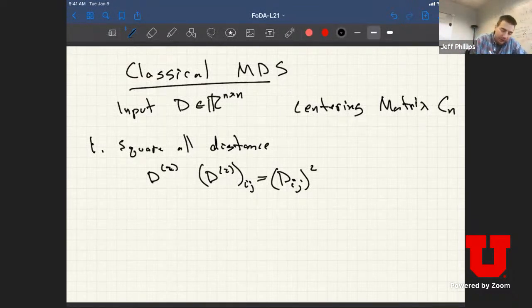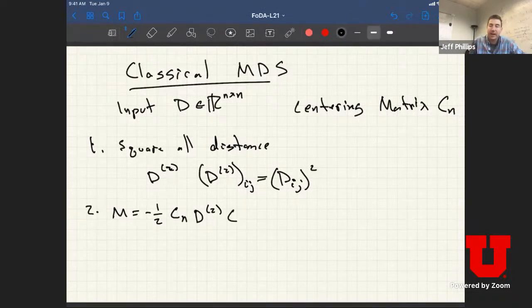Okay, so then step 2, I'm going to do what's called double centering of this matrix. I'm going to create another matrix. It's going to have a -1/2 in front, which I'm not going to totally explain where that comes from, although the book derives it. I'm going to center D2, the distance squared matrix, and then center it again on the right-hand side.